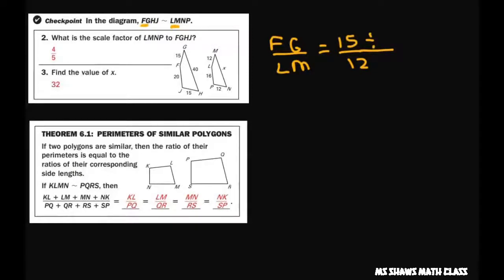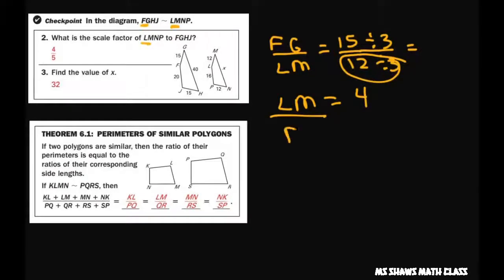Divide the numerator and the denominator by 3, and that's going to give you, well, I should have flipped this, because they have LM first, so it should be LM. This equals 4, and FG is the second one, and that is 5. So that's your scale factor. You can do some more. You could do NP to HJ, and you would still get 4/5.